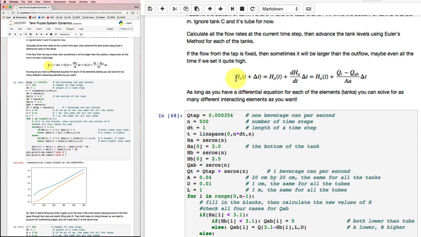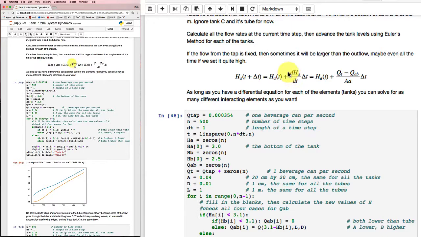So the height in tank A at time t plus delta t will be whatever the height in tank A was at time t plus the rate of change of the height in tank A with time times delta t. That's a linear first order approximation. That's Euler's method.